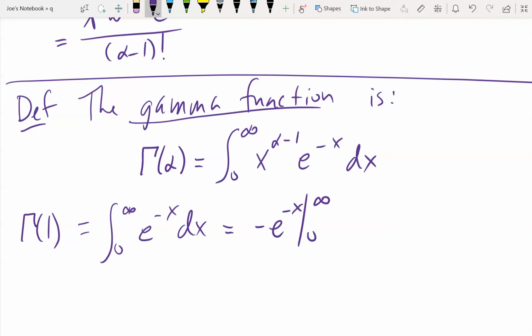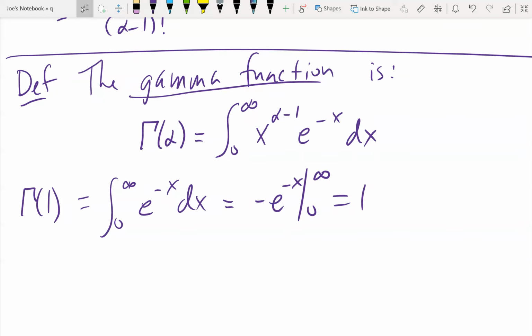So put in 0, I get 1. We go to infinity, e to the minus infinity goes to 0, right? So this just turns out to be 1. So gamma of 1 really is 1, right? We agree? Okay. All right.